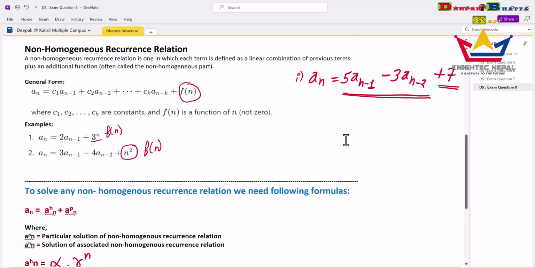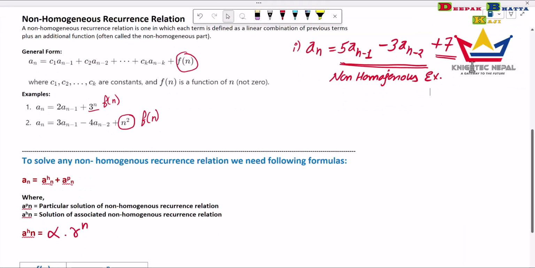So this is an example of non-homogeneous. Let us take another example. If I take an equals 4an minus 1 minus an minus 2, this is an example of homogeneous.